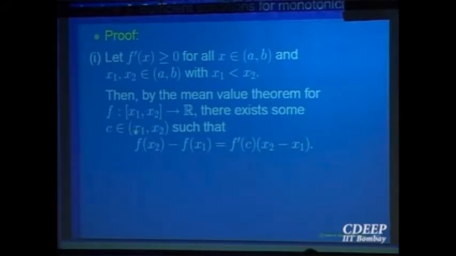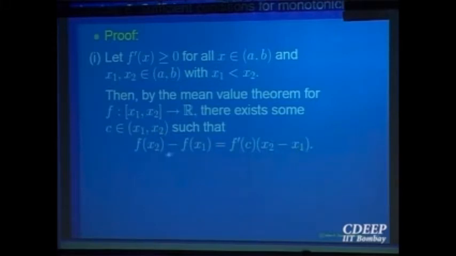Because we want to compare the values of f(x1) and f(x2), and Lagrange's mean value theorem gives us f(b) minus f(a). So in this interval, applying Lagrange's mean value theorem gives that there is a point C in the interval x1 to x2 such that f(x2) minus f(x1) is f prime at C times (x2 minus x1).